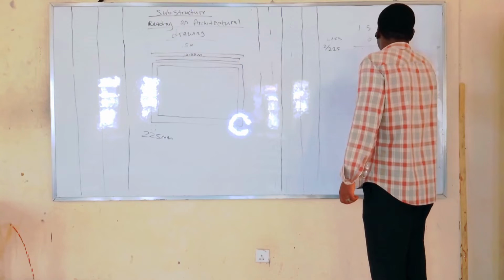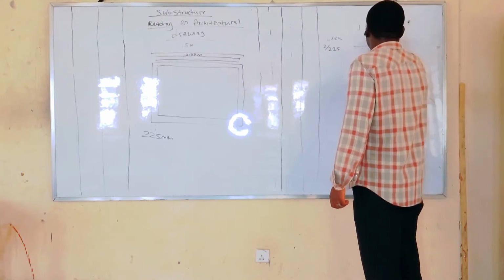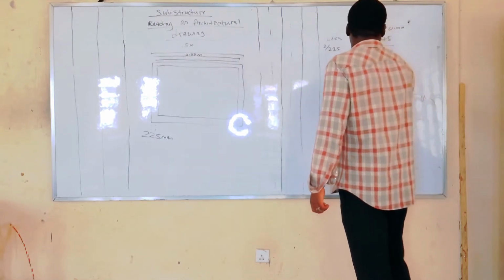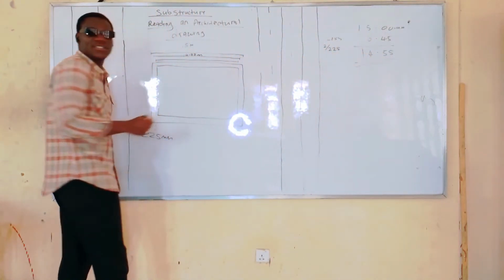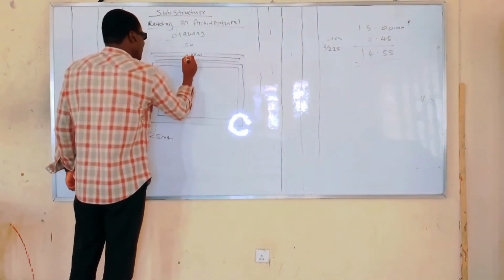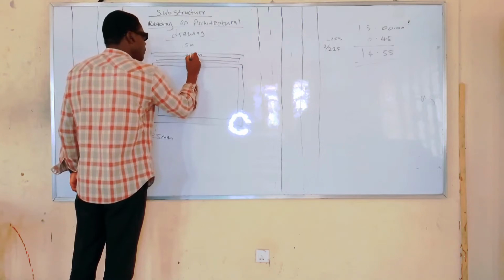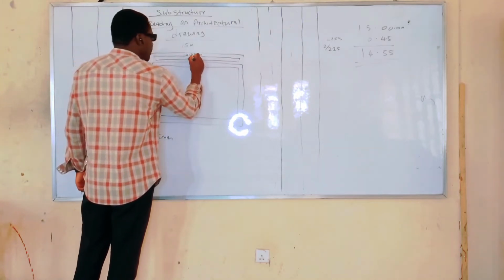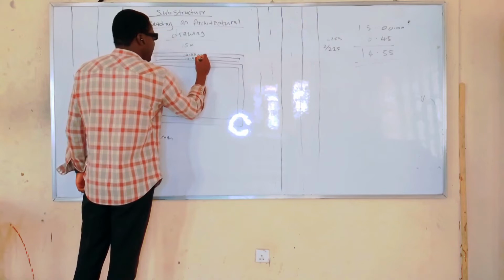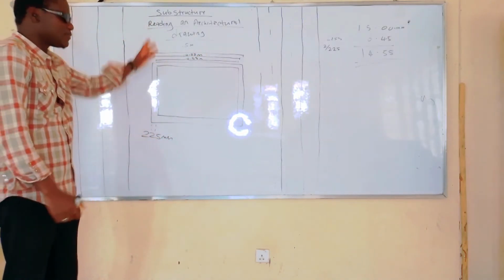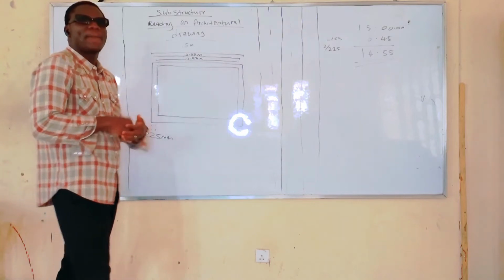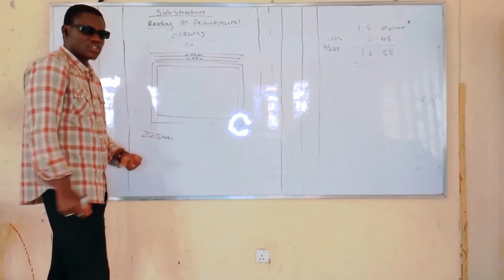Here will give us 5, here will give us 5, here will give us 4, 1. So our in to in dimension is therefore 14.55 meters.